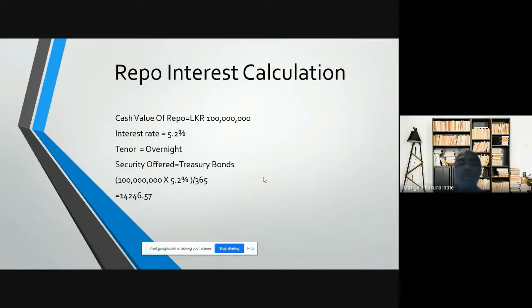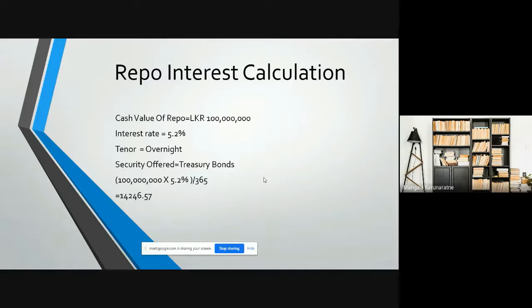So tenor is overnight. Security offered are treasury bonds, right? Why I said security offered are treasury bonds, because I wanted to use the day basis of treasury bonds. It's a simple calculation: 100 million into 5.2%, divided by 365. So the interest component is 14,246.57.